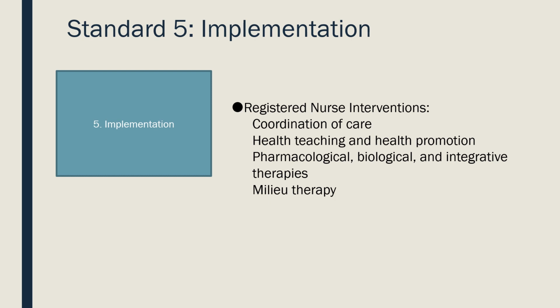Milieu therapy is a psychiatric philosophy that involves a secure environment, including people, settings, structure, and emotional climate to support that recovery. Milieu therapy takes naturally occurring events in the environment and uses them as learning opportunities for our patients.